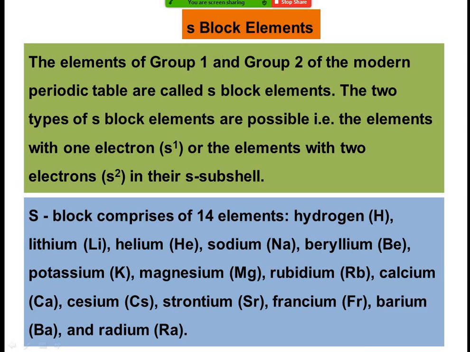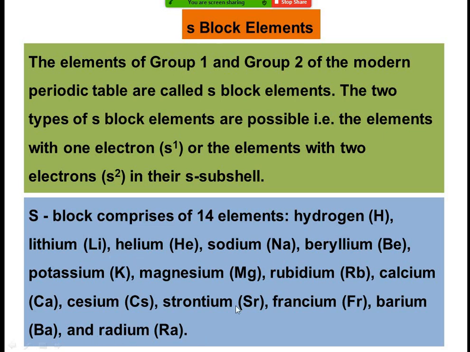The S-block elements comprise a total of 14 elements, namely hydrogen, lithium, helium, sodium, beryllium, potassium, magnesium, rubidium, cesium, calcium, strontium, francium, barium and radium.